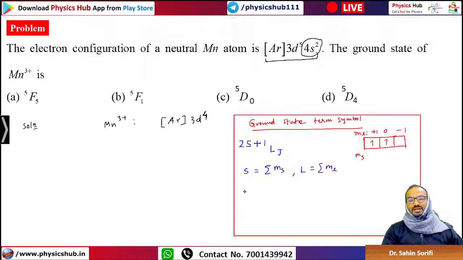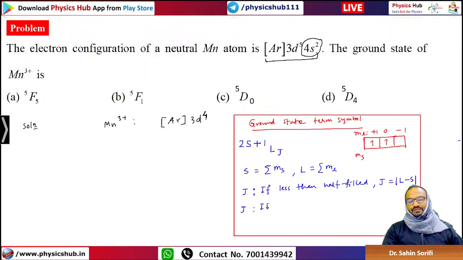Now you need to decide J. There may be two cases, it may be more than half filled or less than half filled, and for half filled you know it. If you are given an electron configuration which is less than half filled, then you will choose the value of J to be L minus S.